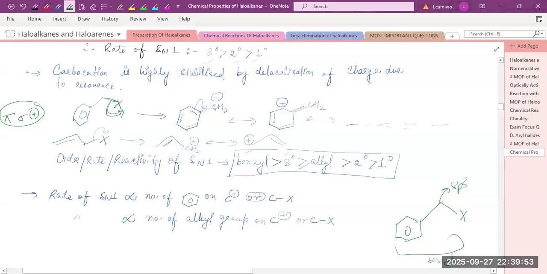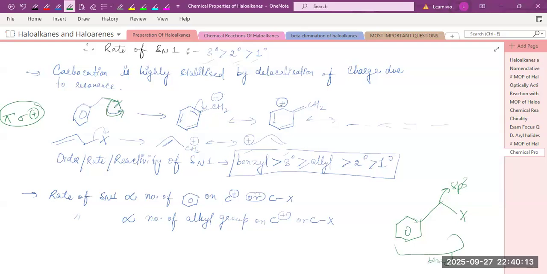Due to the partial double bond character within this bond, this carbocation is more stabilized. So the carbocation is highly stabilized by the delocalization of charge due to resonance.